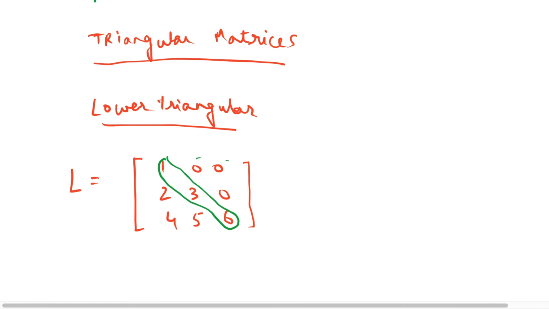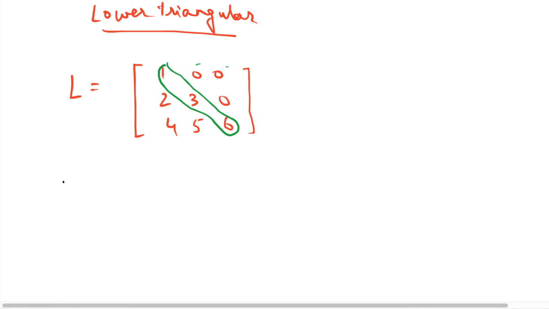And by symmetry, we also have something called an upper triangular matrix. Let us write it as U. An upper triangular matrix is a square matrix whose entries below the main diagonal are all 0. An example would be 1, 2, 3, and then 0, 4, 5, and then 0, 0, 6.